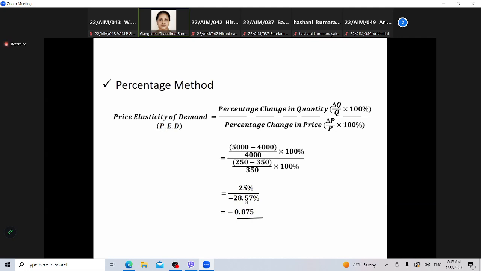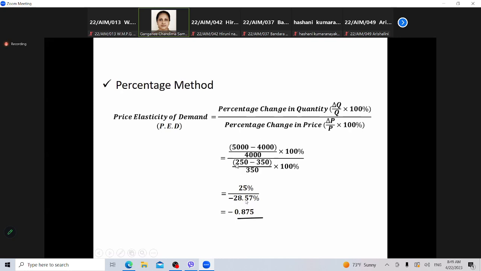But slight difference. See whether you are, because all of you got 0.6. Again, try 5,000 minus 4,000 divided by 4,000. I think percentage change in quantity demand is okay because the value is somewhat complex. So that's why maybe you are getting slightly different answers.